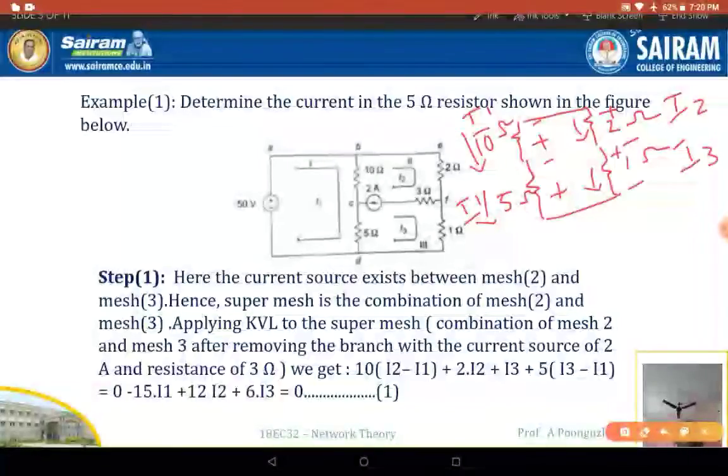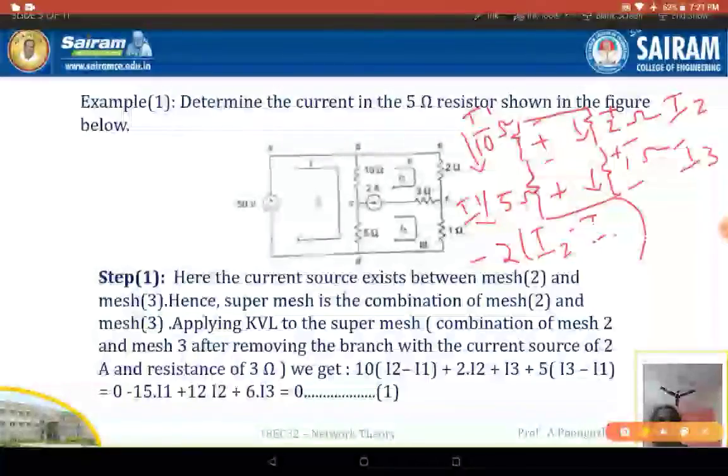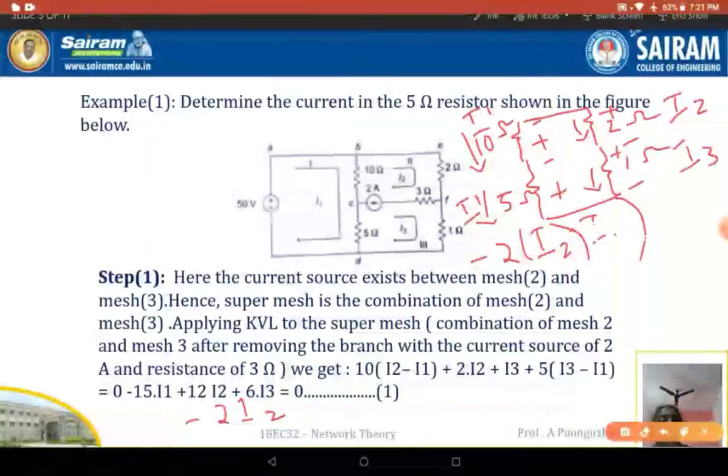Now if I write my loop equations, it is going to be minus 2 into I2 minus I3.